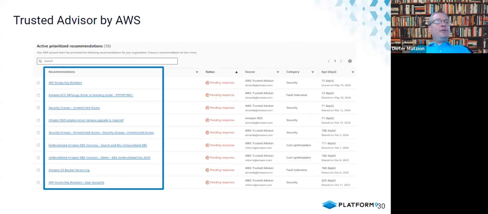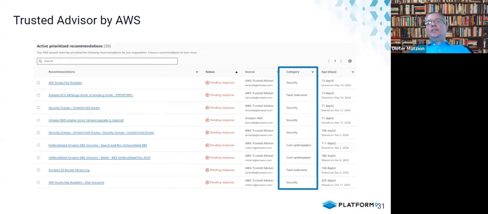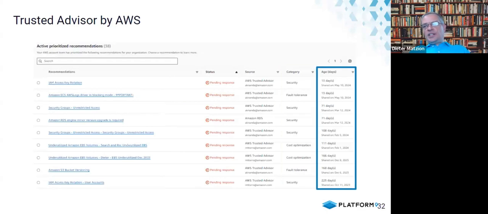So we have the different types of recommendations, and you see this in the highlighted section, right? So that's great. And we see that these recommendations are not cost specific. You get all types of recommendations, security recommendations, fault tolerance, and also cost optimization. So the third one from the bottom is a cost optimization recommendation that is 166 days old, right?